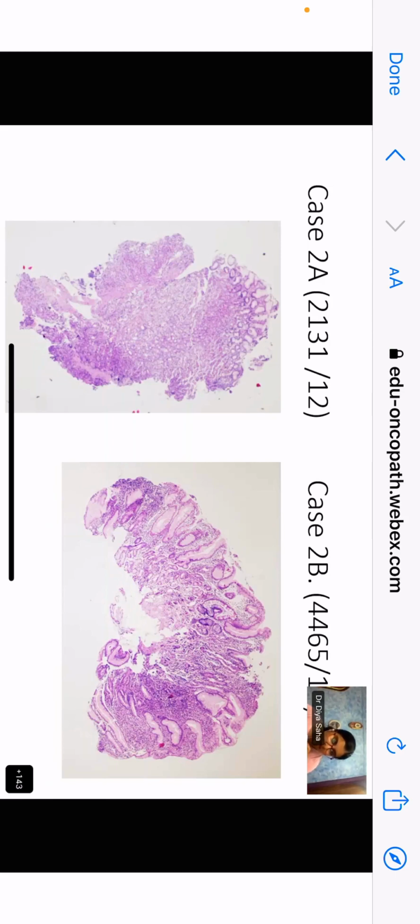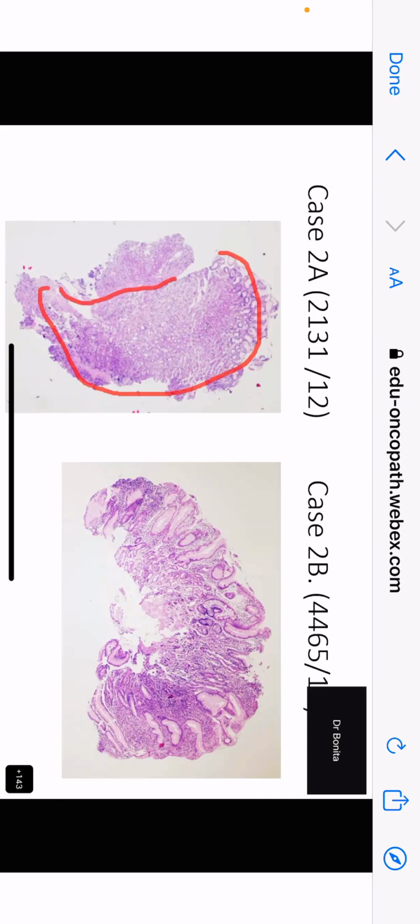That's all right. So you see here the muscularis mucosae. So you have got here the gastric mucosa. Let's see that now. You have the gastric mucosa here, and then you have the muscularis mucosae.